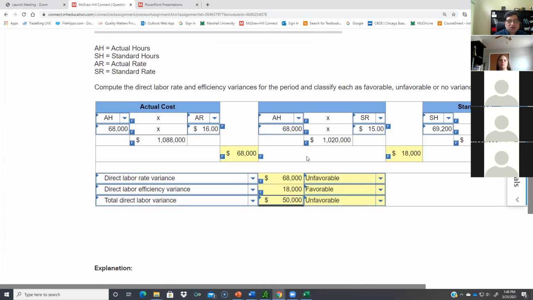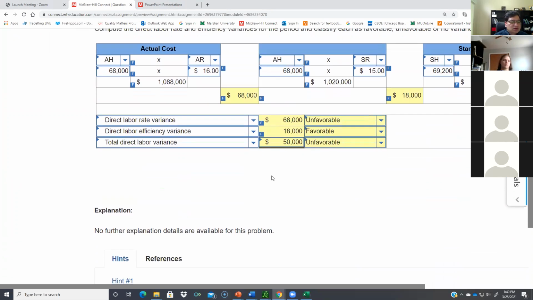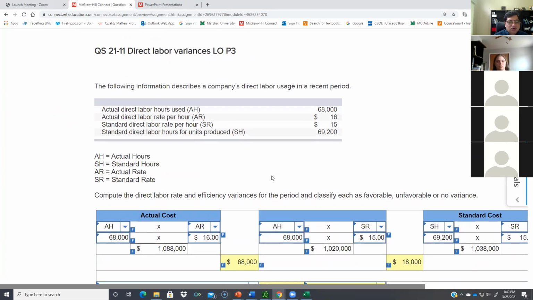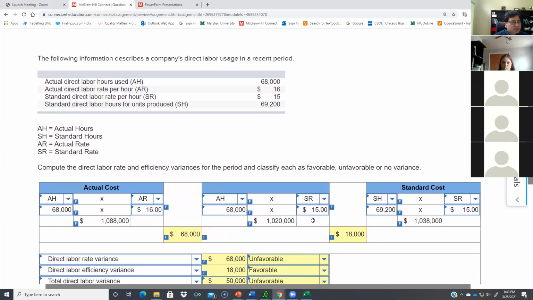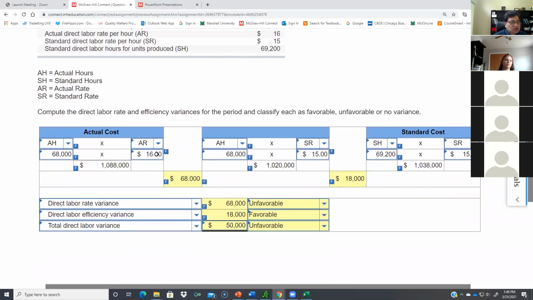So now here is for the rate for the labor. Again, the same formula, if you notice for the labor rate, you got actual hours, actual rate, standard hours. So same thing. Your actual rate is 16, your standard is 15. So you paid $1 more. So your variance for the rate will be unfavorable for 68,000 hours.